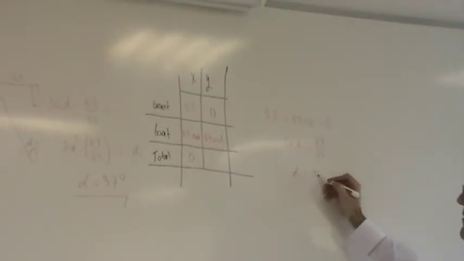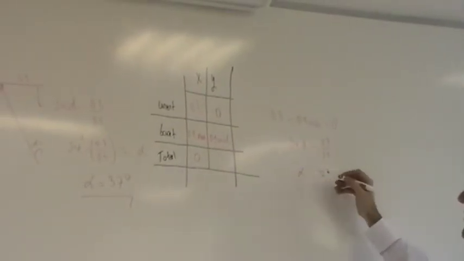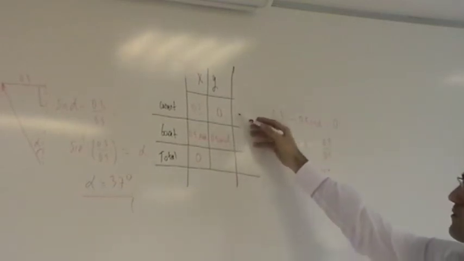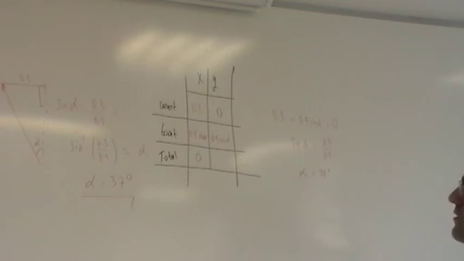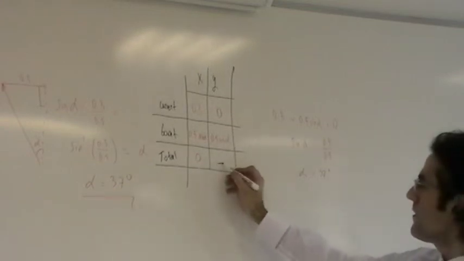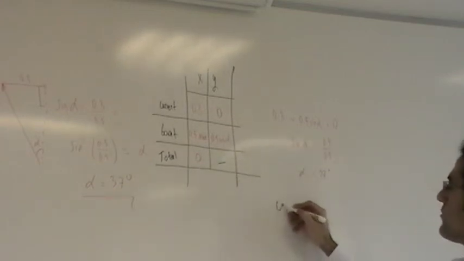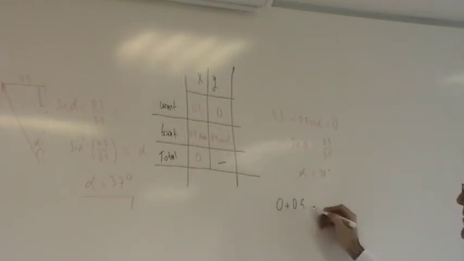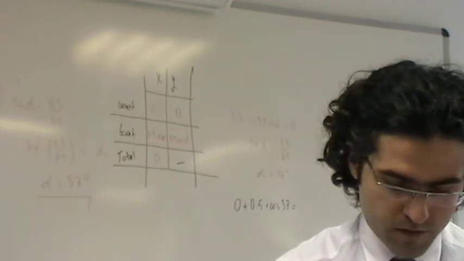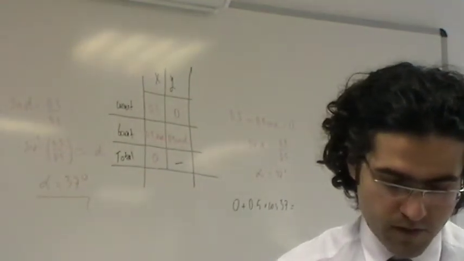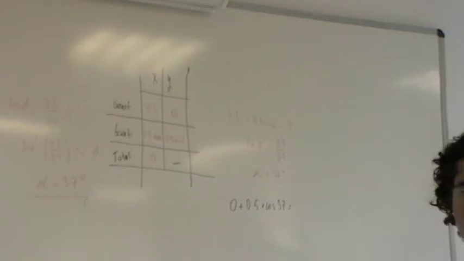Inserting this angle in here, you can find the y component of the total, which is 0 plus 0.5 times cosine of 37, that is 0.40.